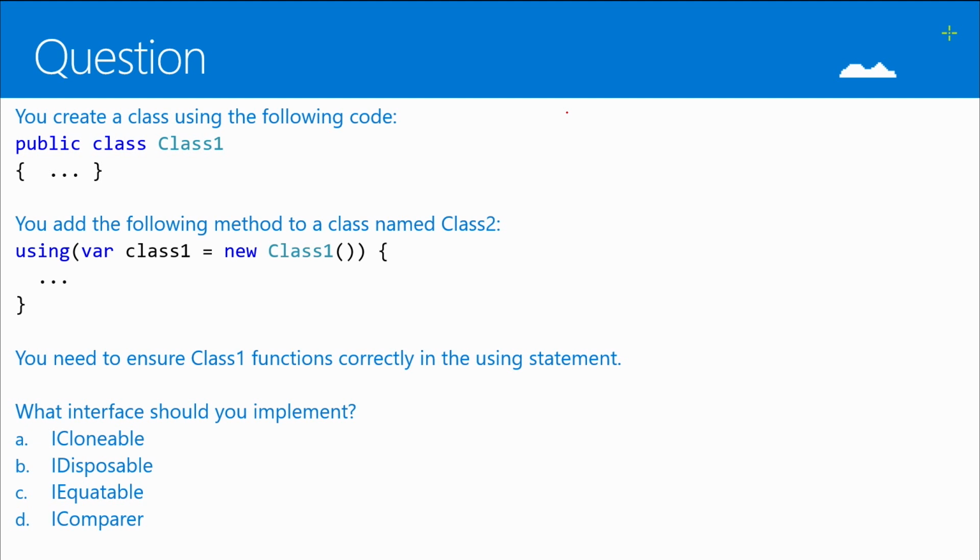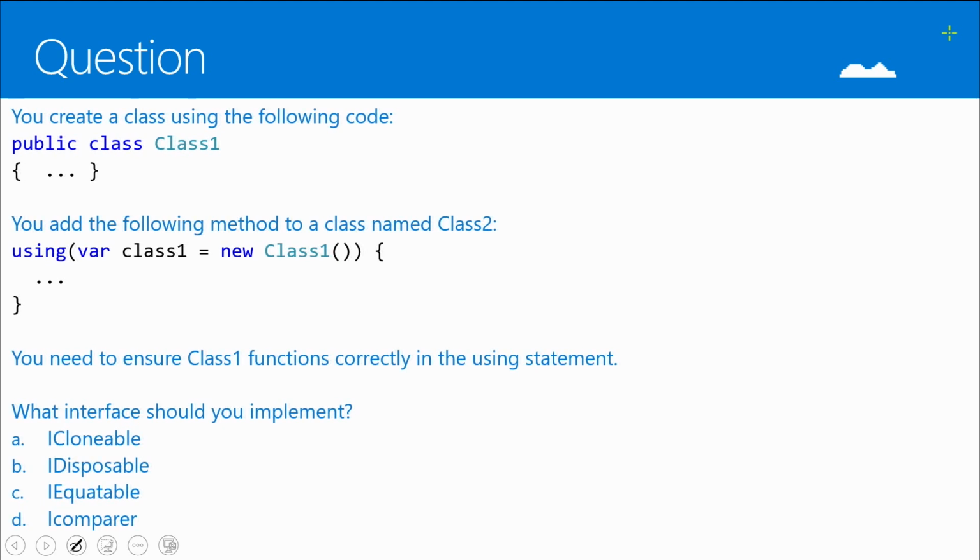So which interface should we implement? So the basic question there is, all right, well, we want to be able to use a using statement. What's required to use a using statement? IClonable, IDisposable, IEquatable, IComparer, and the answer is going to be IDisposable, or, oops, it says A on the slide there. Trust me, it is in fact B, IDisposable.